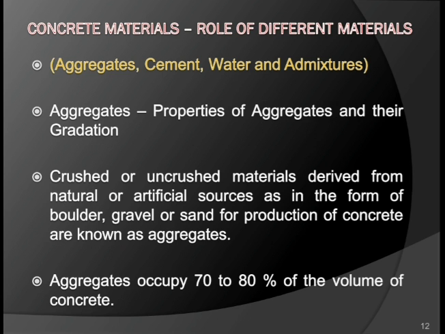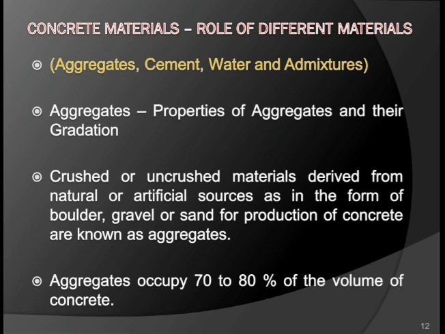Now let's start with the materials used in this topic. Concrete material, this is module 2. In this module we are going to study the concrete making materials, their properties, and the laboratory tests performed to find the material properties, right? These are the important topics to be covered in module 2.